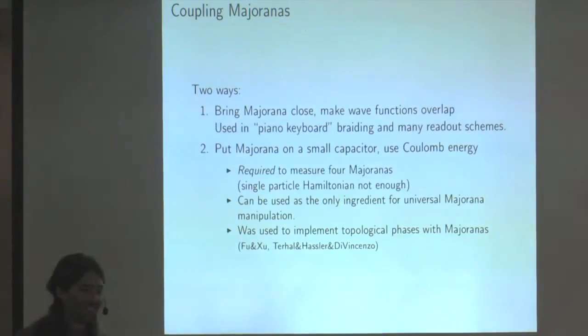Second, I have scrolled to this slide for the 3rd time now. That's the answer. As far as couplings of different electronic degrees of freedom go, I know of 2 ways. There may be more, but I think these two are rather general. First of all, I can indeed bring two Majoranas close and make their wave functions overlap. And second, I can put Majoranas on a small capacitor that has a charging energy.